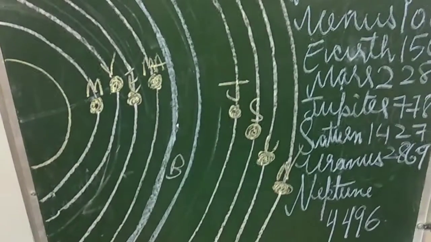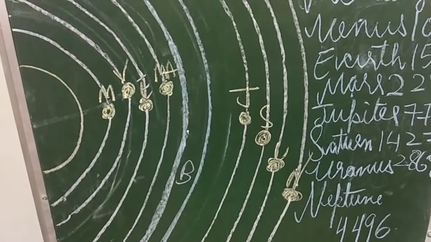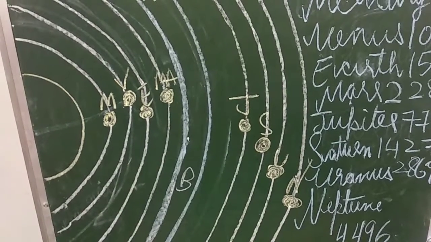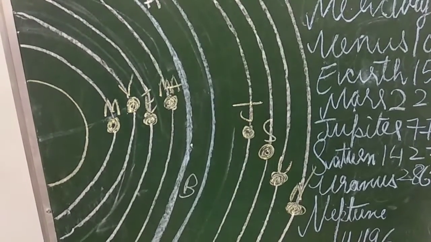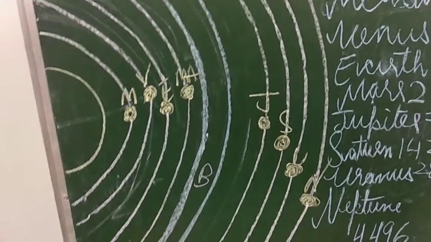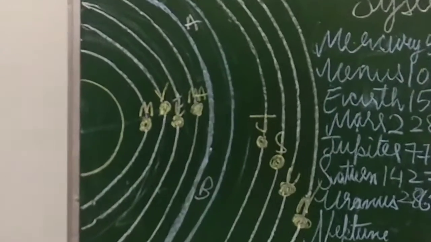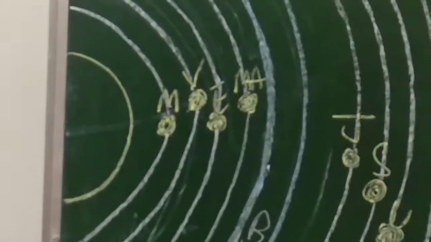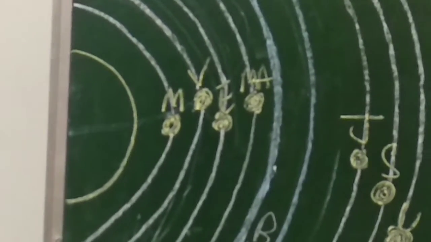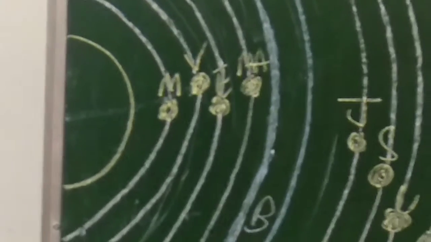Then after Mars, Jupiter, Saturn, Uranus and Neptune are the outer planets. They are extremely far away from the sun and are made up of gases and liquids. Always remember, Mercury, Venus, Earth and Mars are inner planets and are made up of rocks.